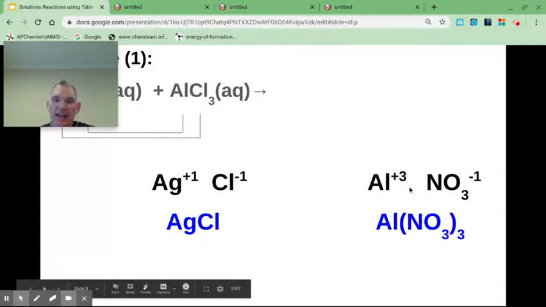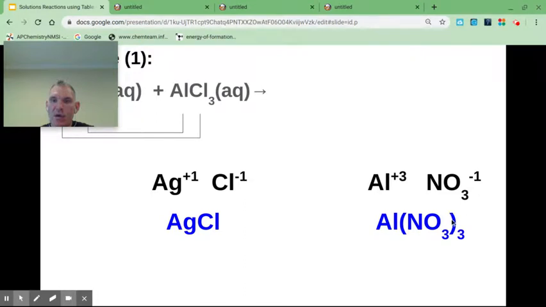And on this side, this 3 is going to come over to this one. And that's why I put parentheses so I could see both the NO3 and the 3 coming across, and the 1 moves over. Remember, in chemistry, we don't have to write the 1s. If you want to, you can. But in our examples, the 1 will be implied if it's there by not writing it. So now I have my 2 products.